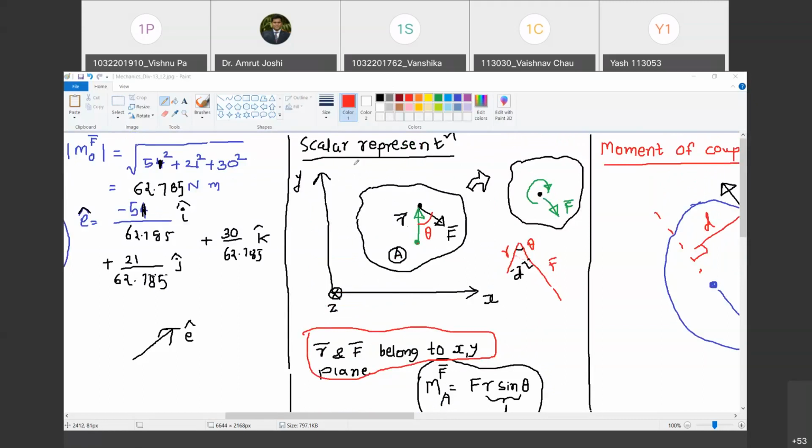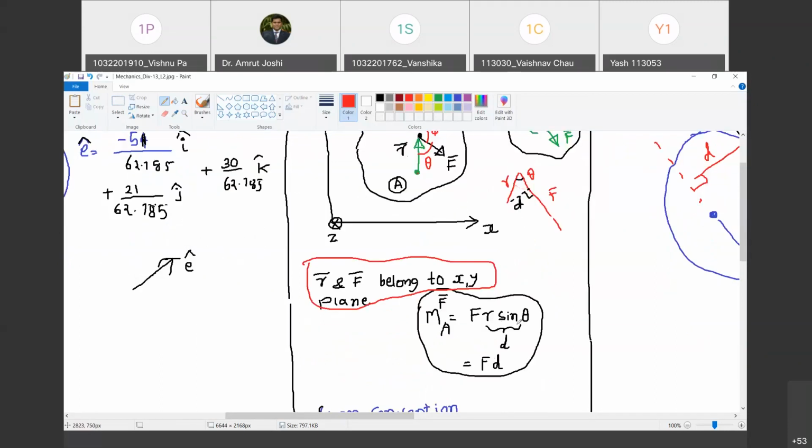Yes, sir. When you do R bar cross F bar, it is going to be FR sine theta. Do you agree with me? In fact, I should take this R bar ahead, and I should find out this angle, and truly speaking, it should be FR sine phi.